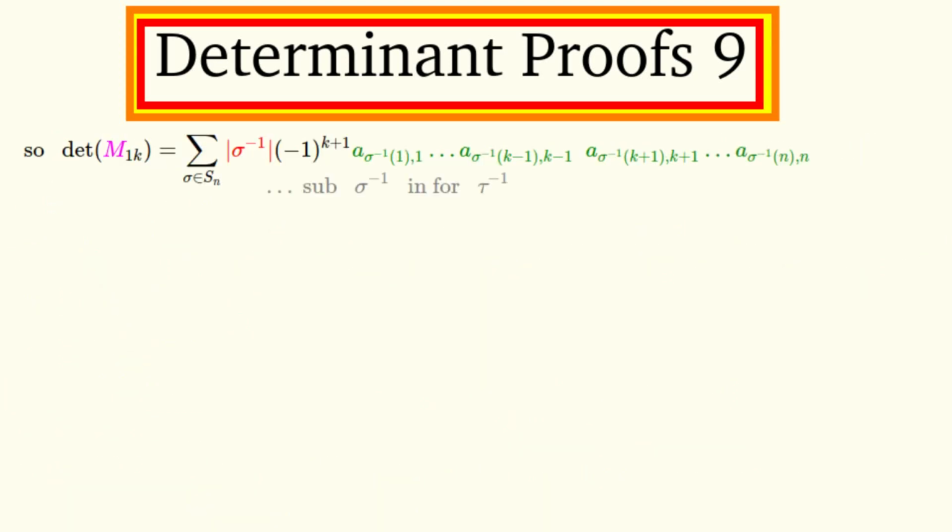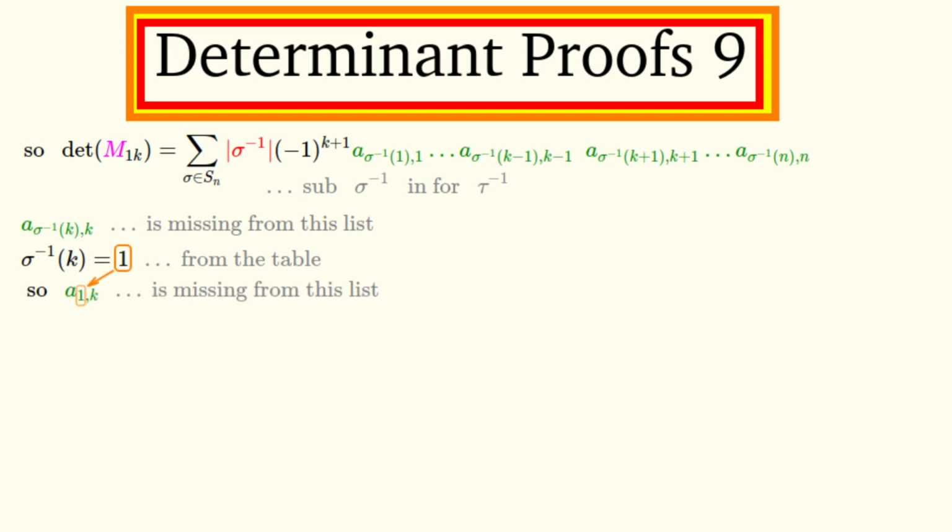So I'll just move everything up the screen here so as to make more room to write more of the proof. So I'll write down what I've already said, that this kth term of A is missing from the list. From the table we know that this is true, because this is how we define this function. We can substitute 1 in for k using this equation. Then we can get the reverse of this equation.